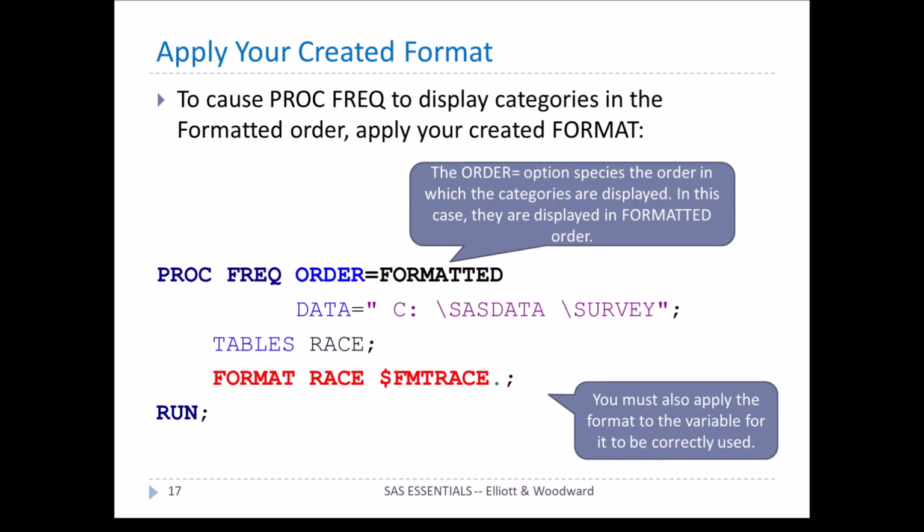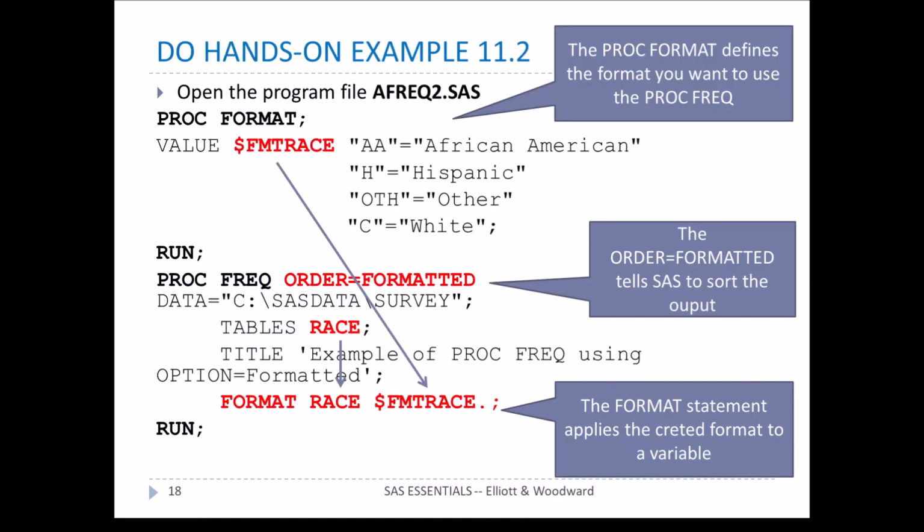To cause this to take place, we would say PROC FREQ order equal formatted, and then we ask for the tables race, and then we apply the format. Format race, FMT race dot. That applies the format to this data. Let's take a look at how that would work. Open up the file called afreq2.sas, and here we see the format is created, and then the PROC FREQ order formatted.